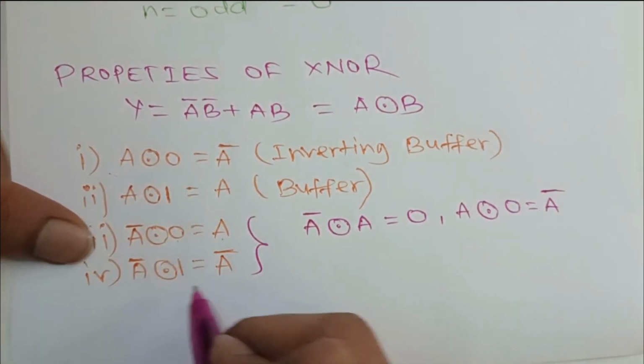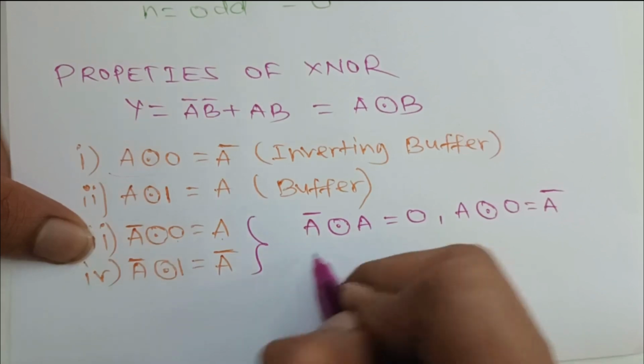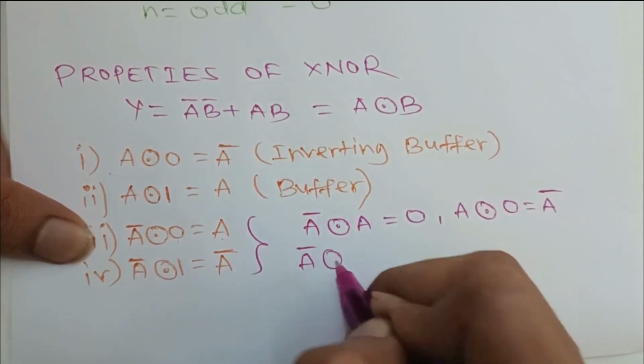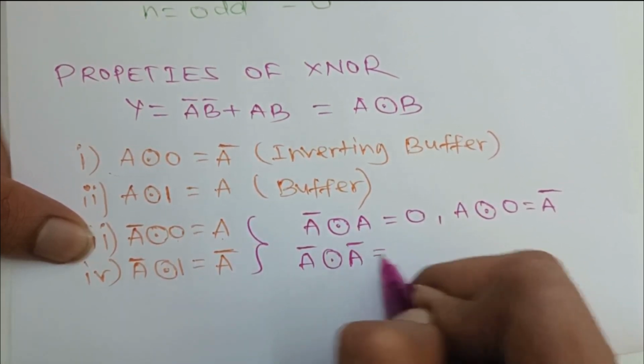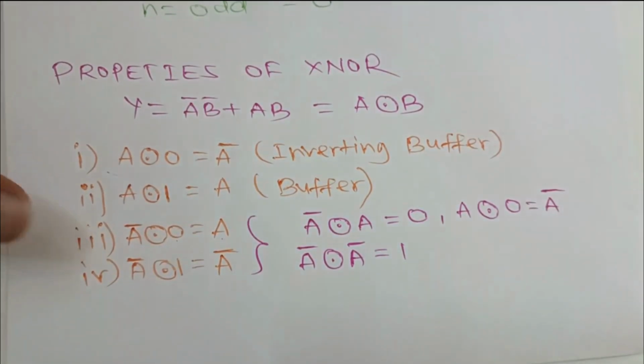Next one is A bar XNOR 1 is going to give you A bar. That means A bar XNOR A bar is going to give you 1. Hope these properties are clear to you all.